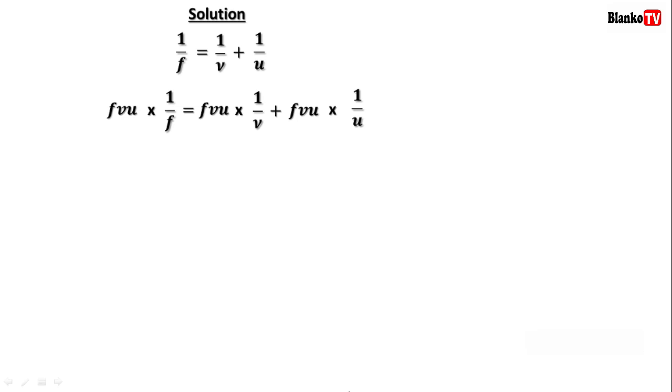Okay, so f will cancel out f, v will cancel out v, u will cancel out u. So we'll be left with vu multiplying 1 equals fu multiplying 1 plus fv also multiplying 1.